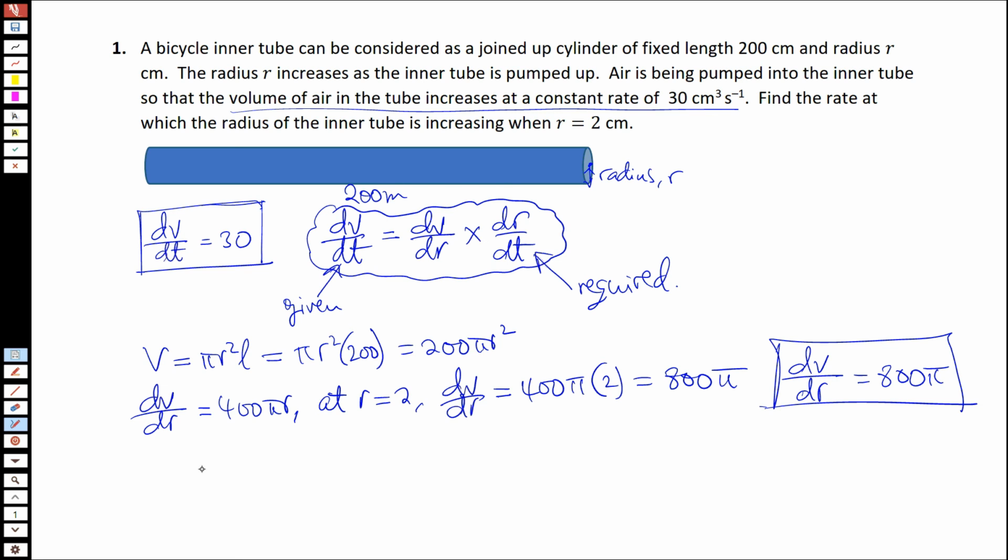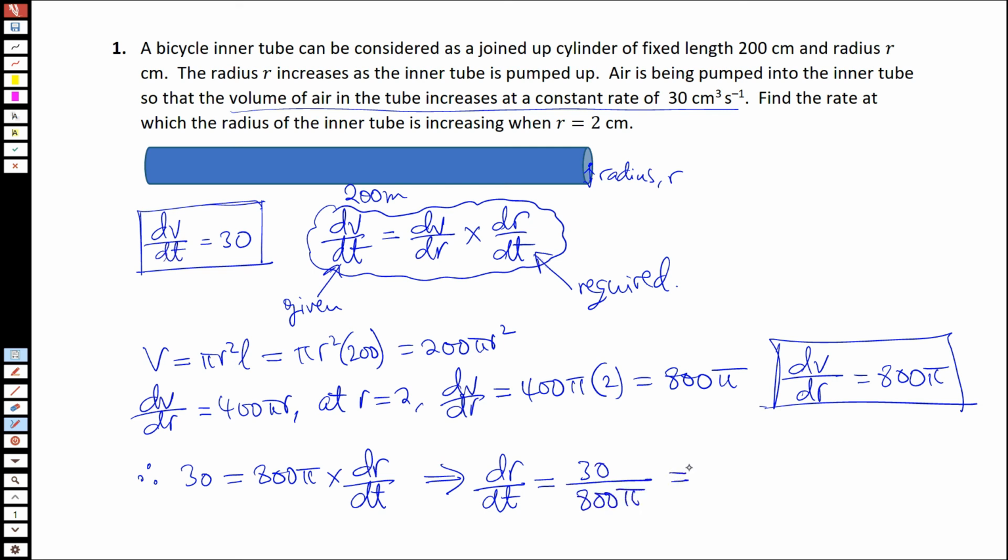If we do that, we'll end up with 30 equal to 800 pi multiplied by dr over dt. Which implies that dr over dt will be equal to 30 over 800 pi. And that simplifies to 3 over 80 pi.